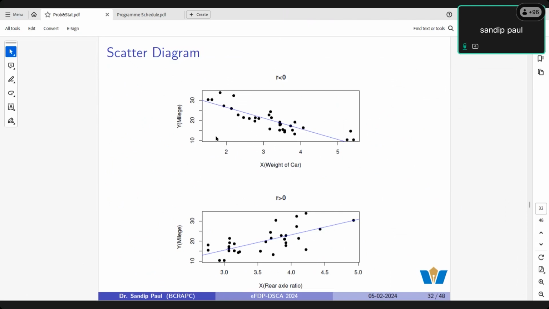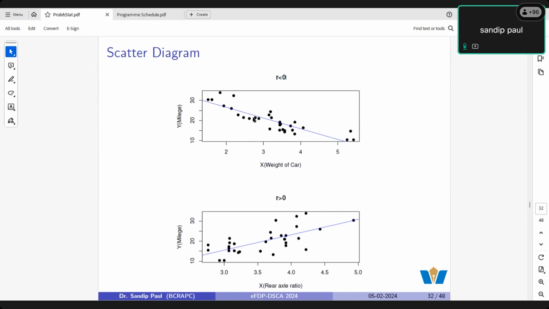So in the first figure, for higher values of x, y values are smaller, but for smaller values of x, y values are higher. For this type of relationship, here we have written r is less than 0. That means they are negatively correlated. We'll learn correlation later, but correlation can be understood by checking the scatter diagram.